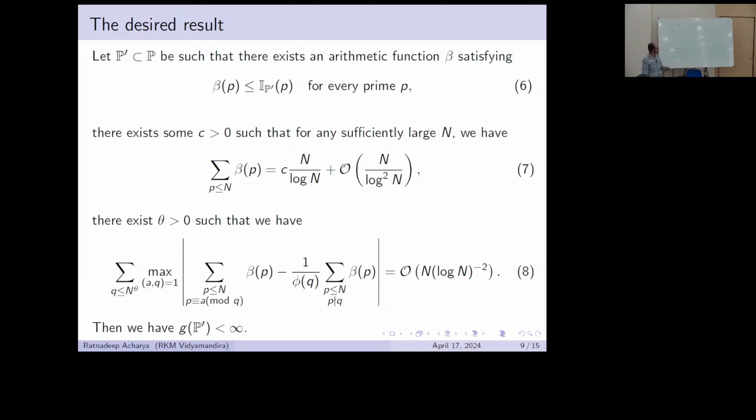Yes, bigger theta will give a better value for g of p prime. But any positive theta and any positive c will give you that g of p prime is finite.